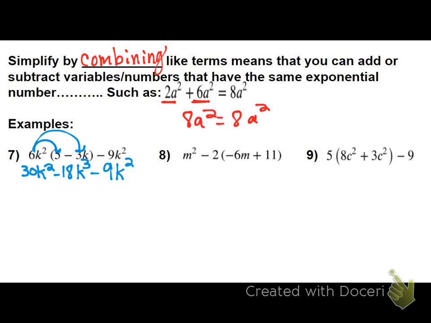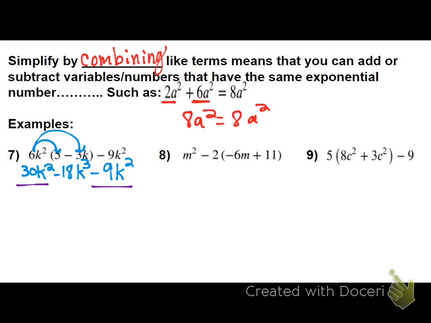Do I have any like terms up here? Yes. What are they, Ben? 30k squared, negative 9k squared. I'm going to ask that you quit saying k2, because that means something very different than up above. So let's make sure we say to the power of 2 or squared. So we have 30k squared minus 9k squared are like terms.